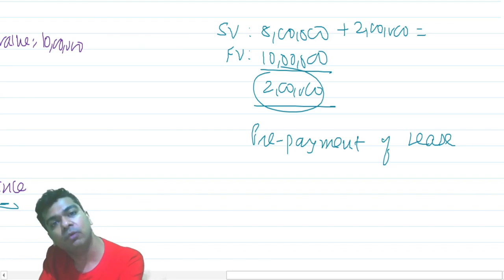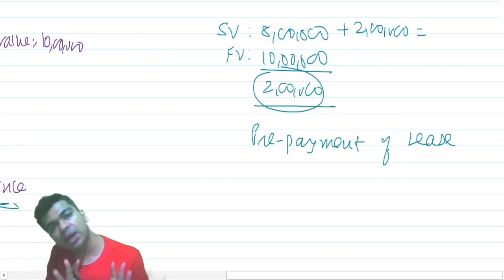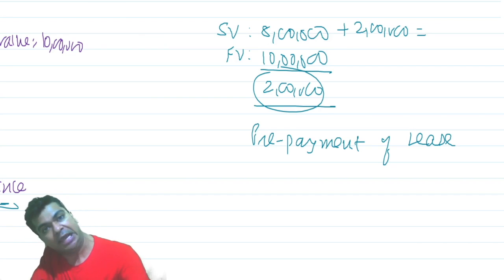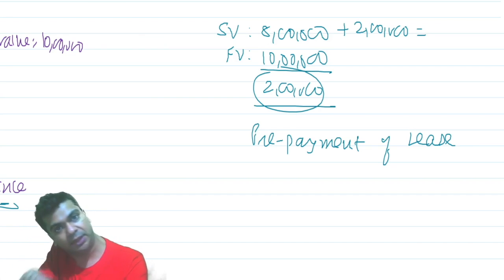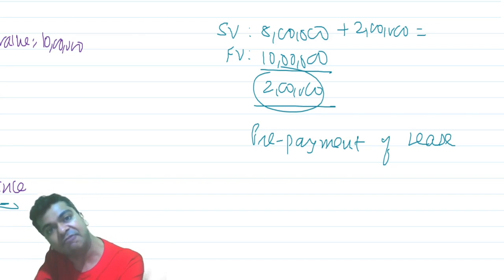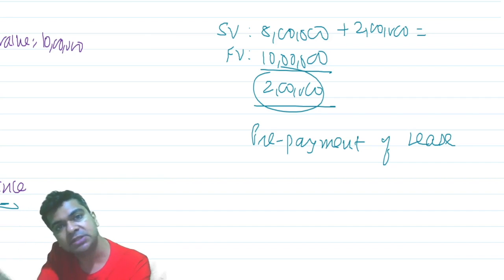But that will not happen over here. As a buyer, you are paying less, so as a lessor, you will receive less. You will receive lease rent less than the market going rate. Because the lessee will argue that since you are paying me less in the very first place, I will consider as if the lease rent to that extent has been prepaid. So the liability to that extent is prepaid, and that's how further accounting will be done.